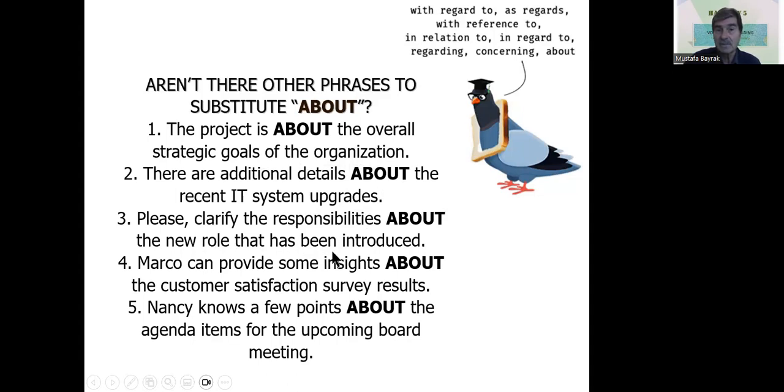Please clarify the responsibilities about the new role that has been introduced. Or: please clarify the responsibilities regarding the new role that has been introduced. Marco can provide some insights about the customer satisfaction survey results. Here, about means concerning the customer satisfaction survey results.